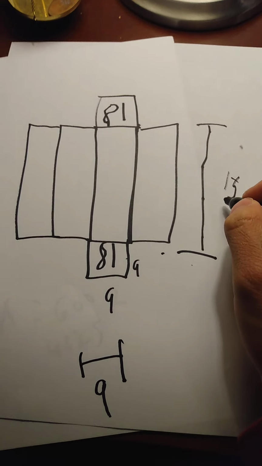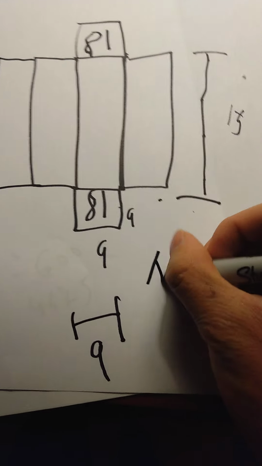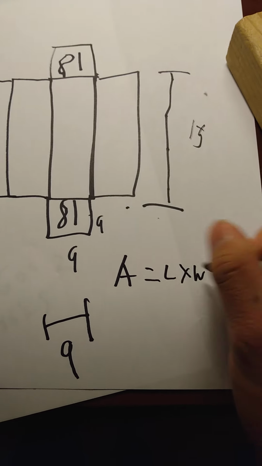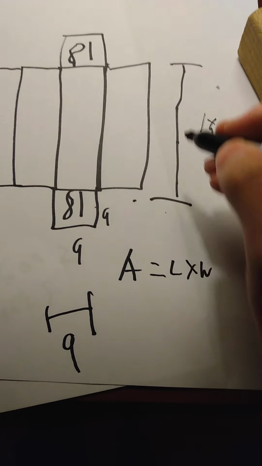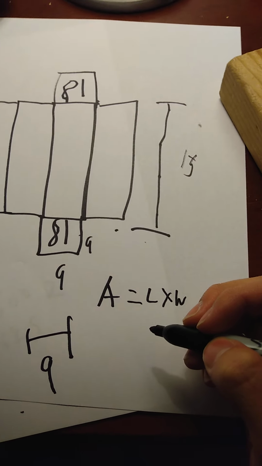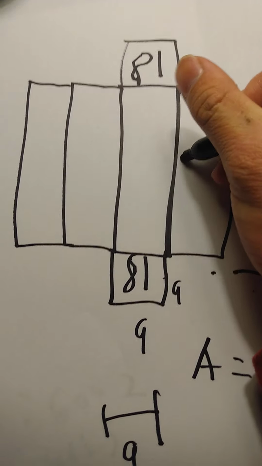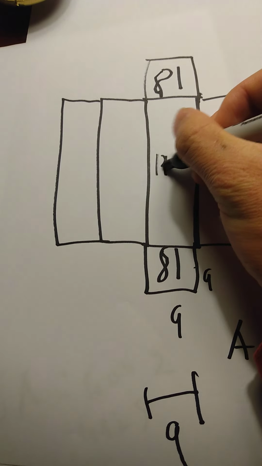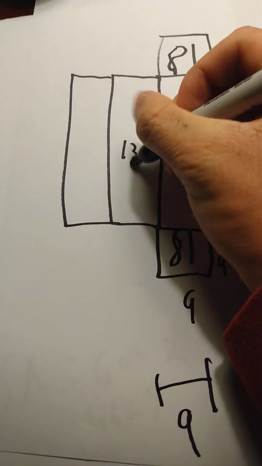So 9 times 15, because area equals length times width, where the length is 15 and the width is 9. So 9 times 15 is 135. And this is also 135, and all the rest too.